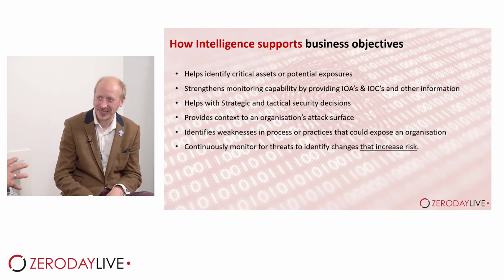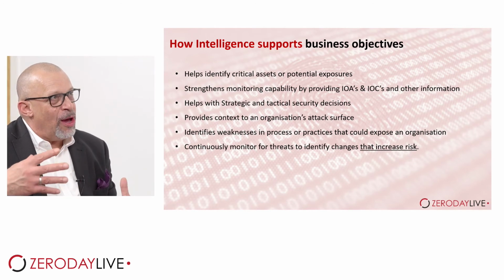But it's interesting, because every time we start to diverge, we always come back to saying that we need to understand our people, understand our assets, understand the threat, know what our objectives are. Because if we don't have those foundations in place, all of this just doesn't hang together.